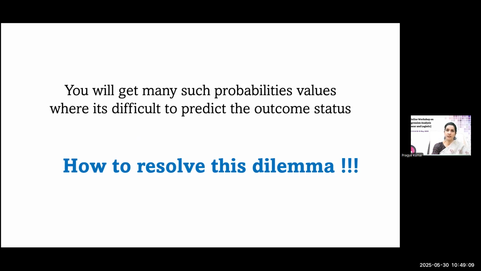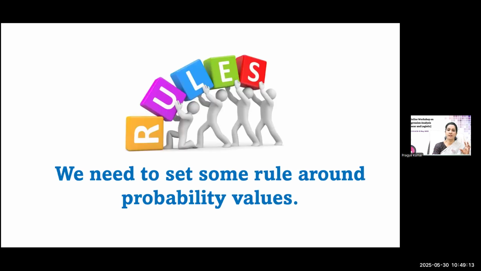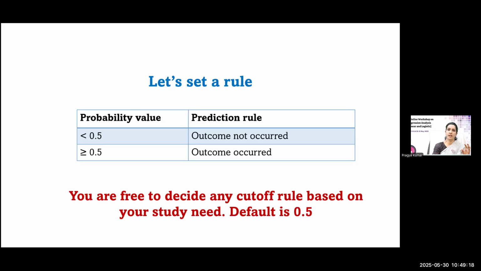Software resolves this dilemma: we fix the value. Whenever the value of probability is less than 0.5, we will say that the outcome has not occurred, and whenever the value of probability is 0.5 or more, we will say that the outcome has occurred.